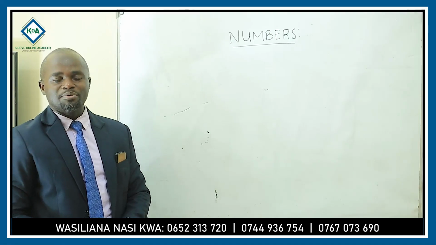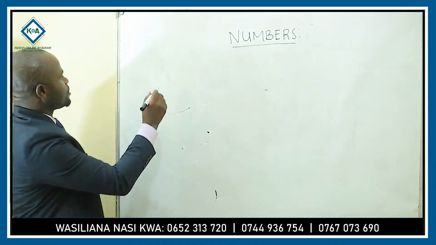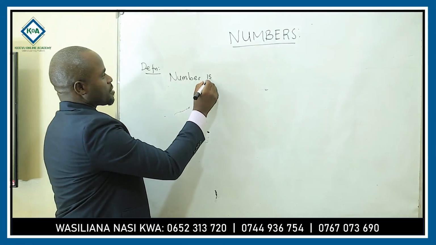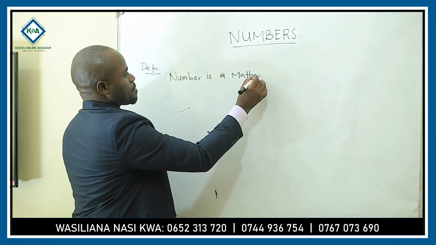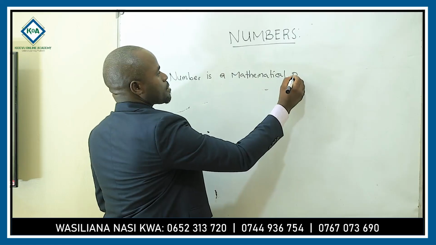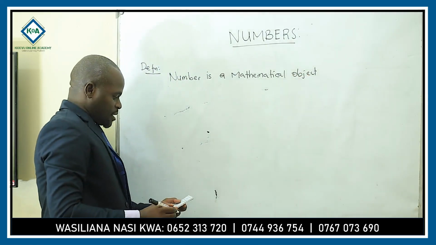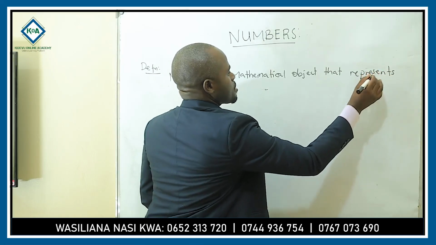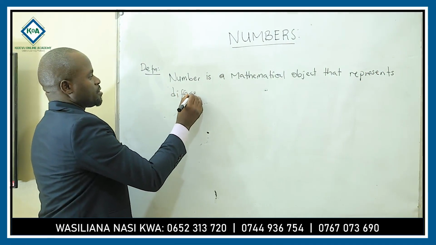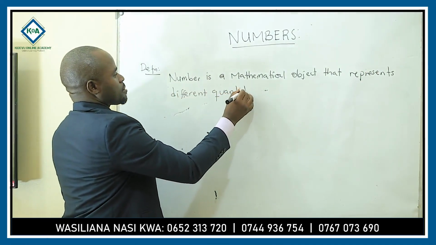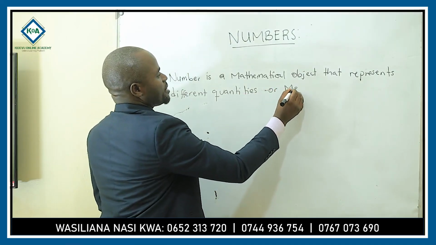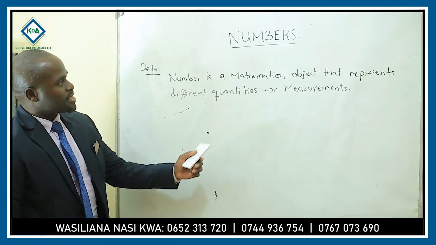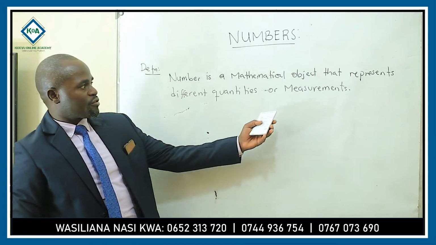So by definition, a number is a mathematical object that represents different quantities or measurements. Yes, so this is a number.